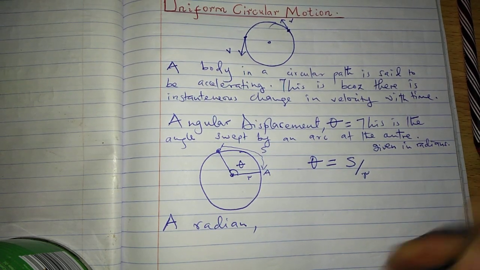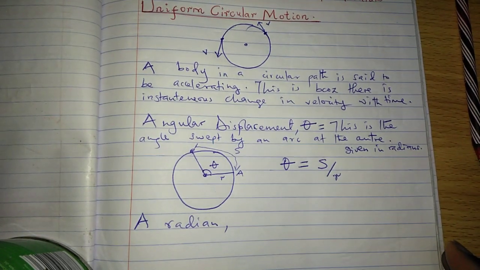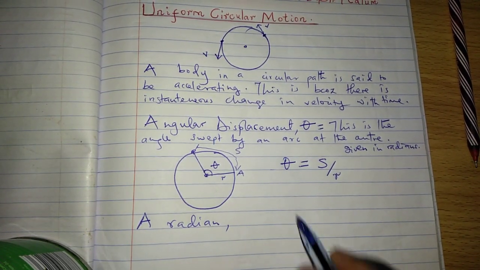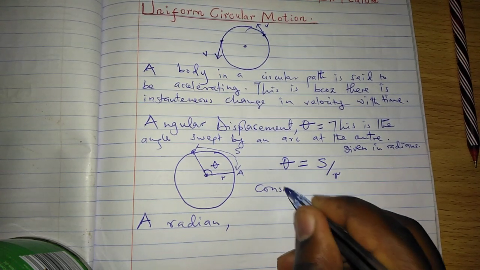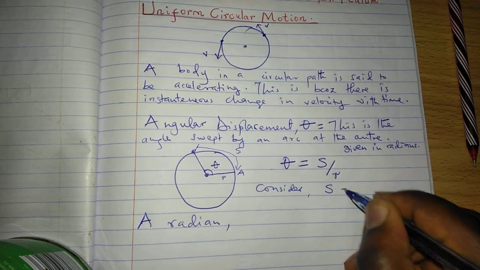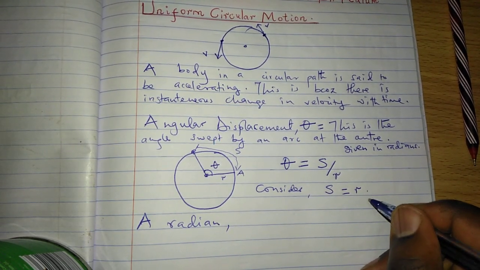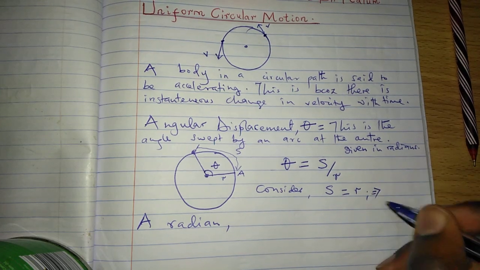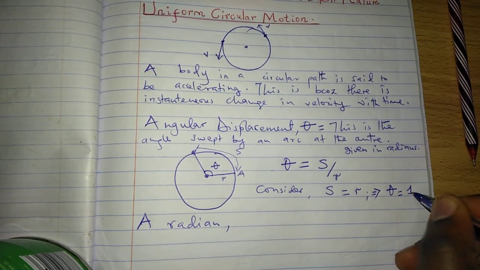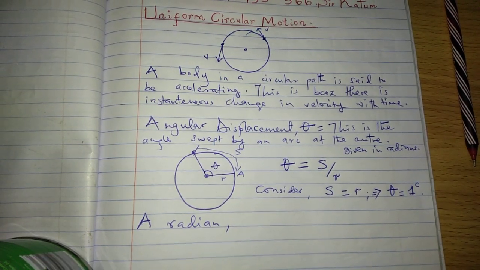Then now we can define what a radian is by first of all considering s being equal to r. So if s equals r, this shall imply that the angular displacement will be 1. And this is 1 radian because the angle is measured in radians.